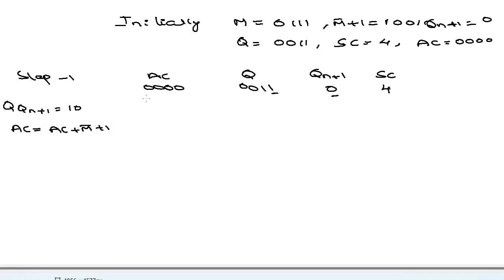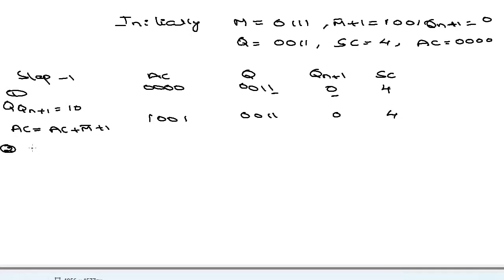The initial accumulator value is 4 zeros, so we add M complement plus 1 to it. So we get 1001, then 0011, then 0, and the sequence counter is 4. So this is the first operation.